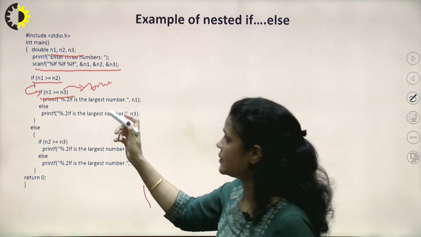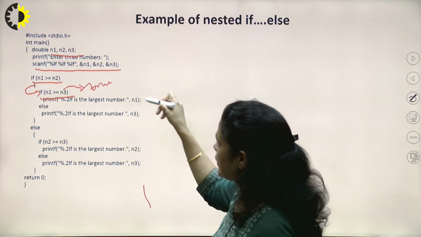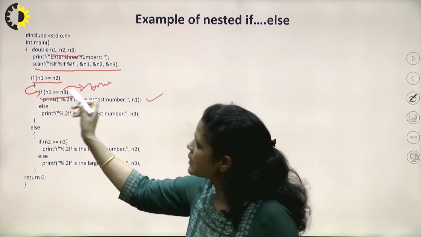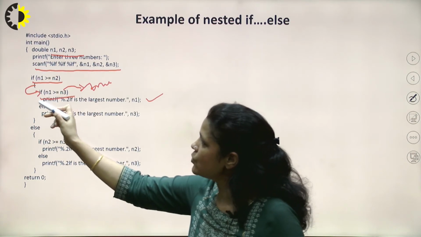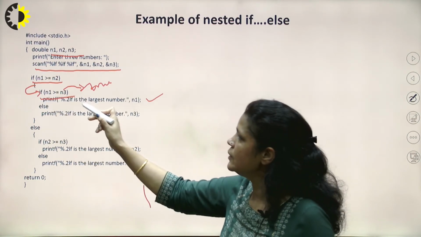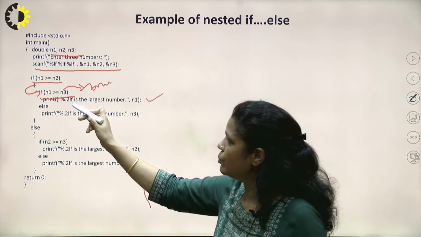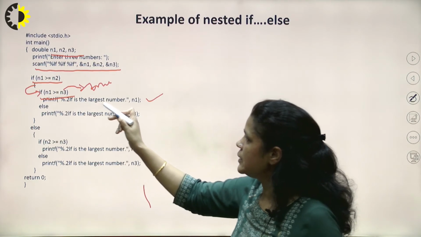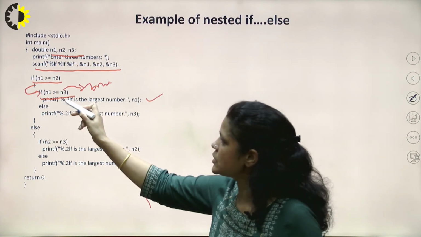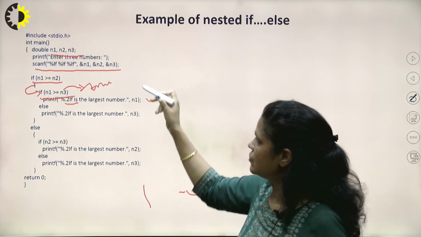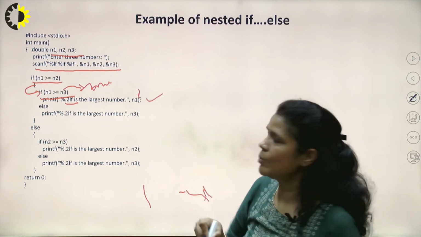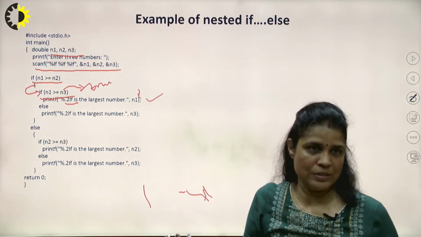So if this condition is true, the compiler's control will come here, and we write %.2lf is the largest number. It is a format specifier for this double, floating point number N1, right?